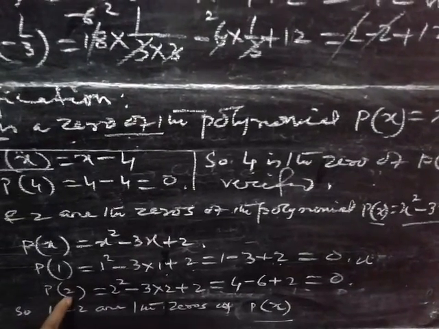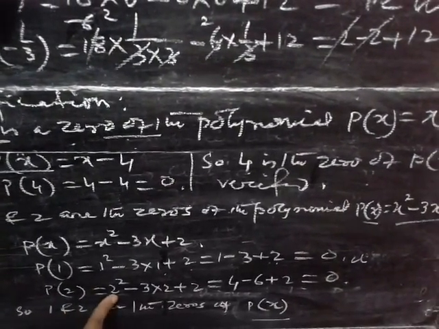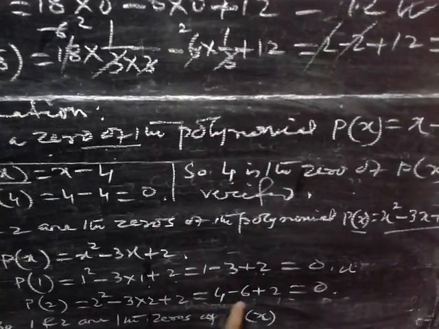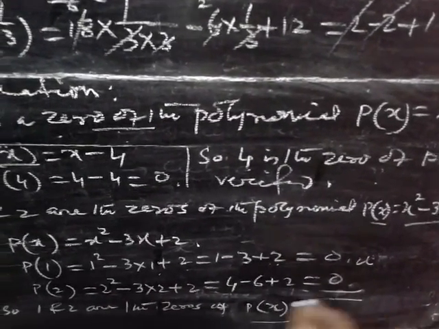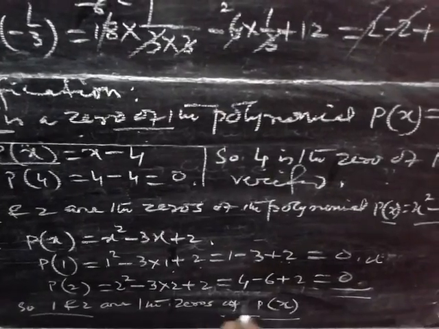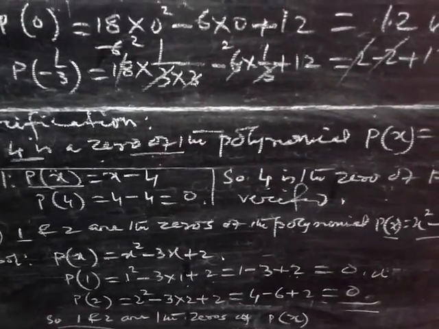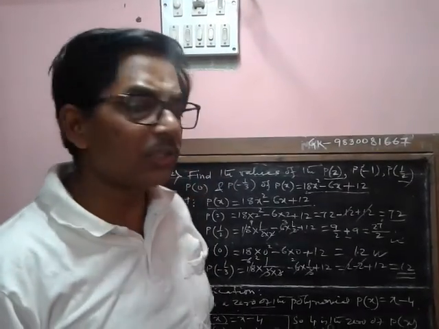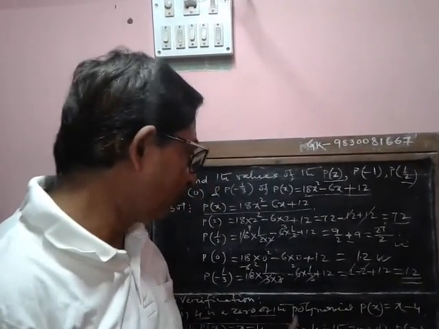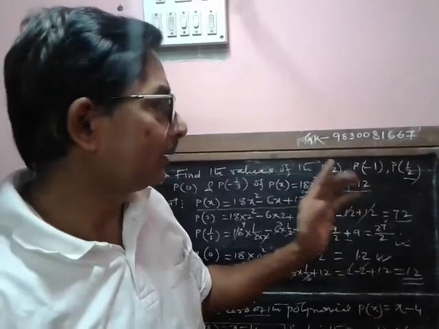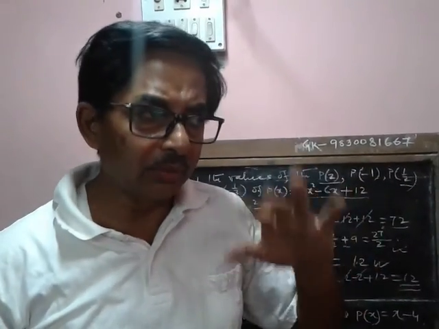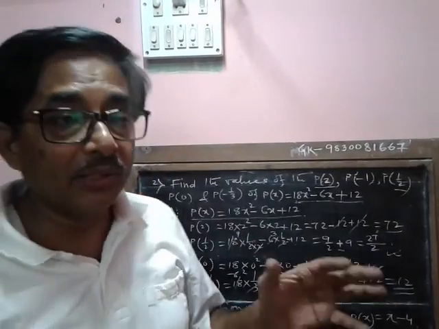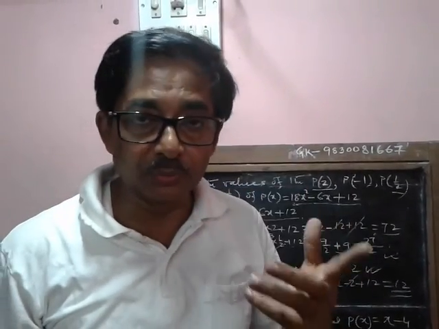And p(2) equal to 2 square minus 3 into 2 plus 2, that is 4 minus 6 plus 2, this is also 0. So 1 and 2 are the zeros of this polynomial p(x). In this way you can solve any kind of problem like this: finding the zeros, verifying the zeros, or finding the values of that polynomial.